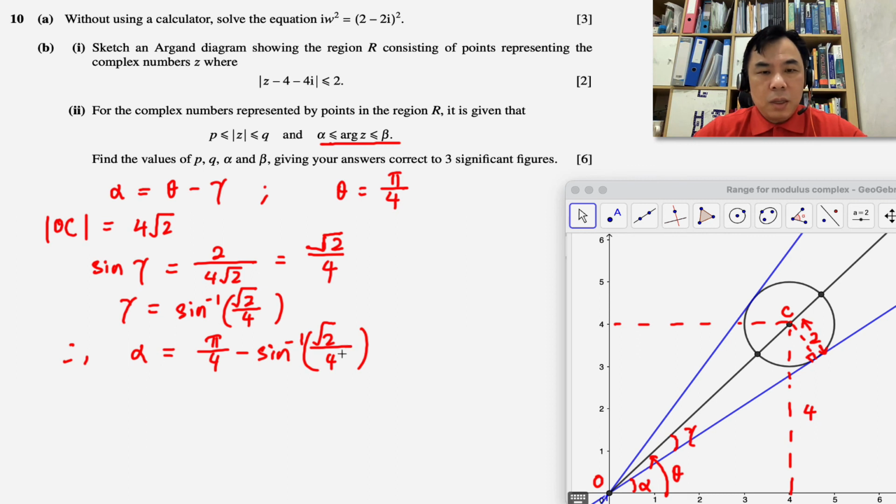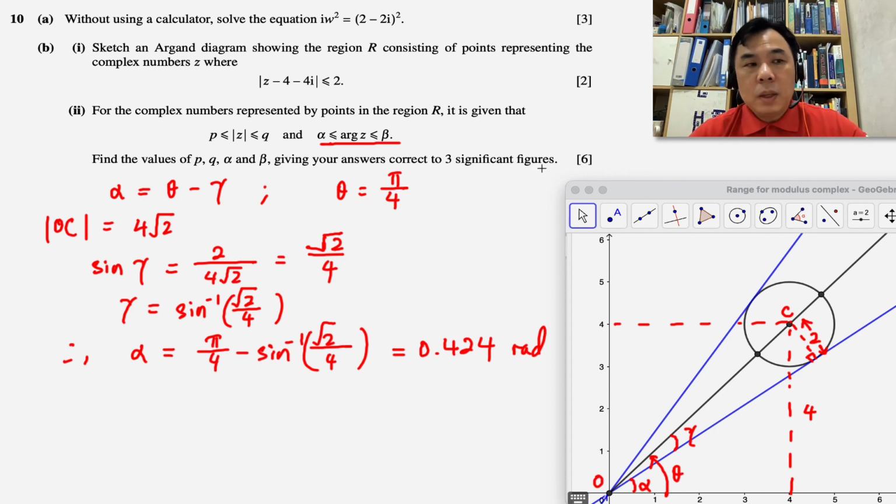After that, we need to subtract that from pi over 4. From my calculator, we get 0.424 radians, to three significant figures. I hope that is clear for the first alpha here.